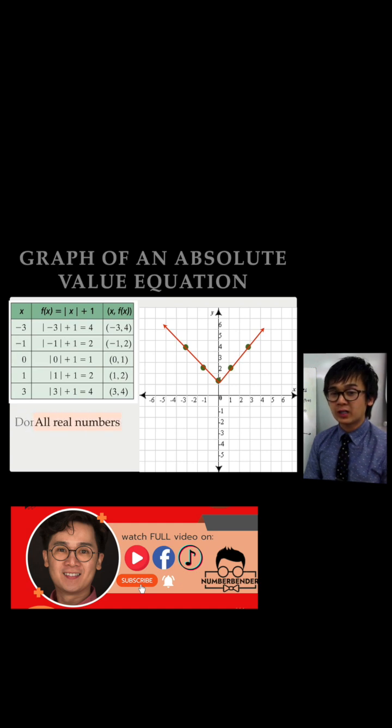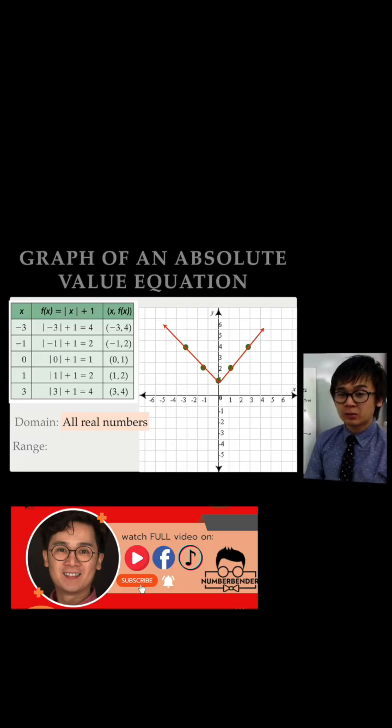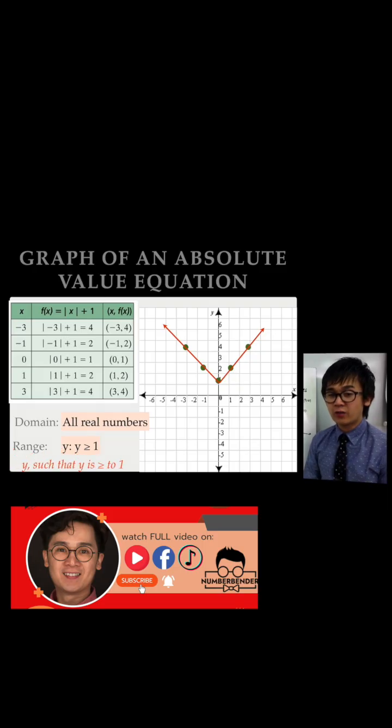So the domain here is all real numbers. However, the range will start from positive 1 going to positive infinity. So the range, in symbol form, will be y such that y is greater than or equal to 1. So this is how you write your domain and range given a function.